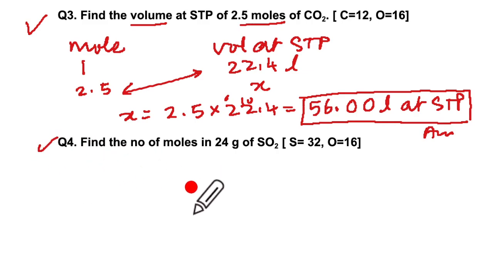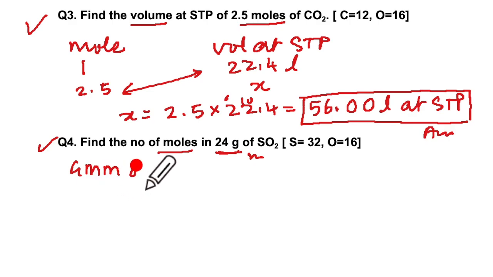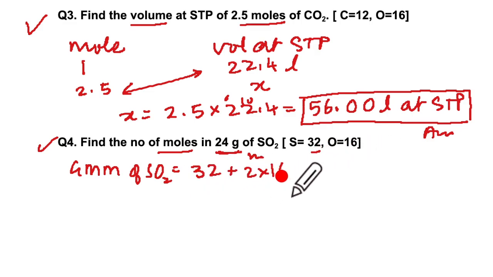We come to question number 4. Find the number of moles in 24 grams of SO2. What is 24 gram? It is the mass. So we need to find the gram molecular mass of SO2. How much is that? S is 32, and O2 means 2 of O, that will be 2 into 16.